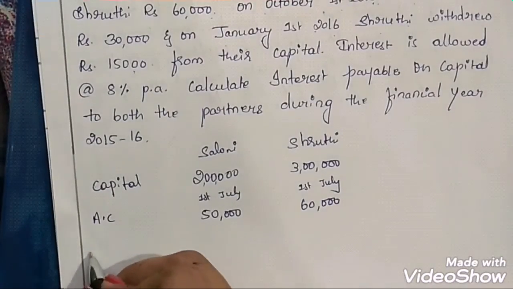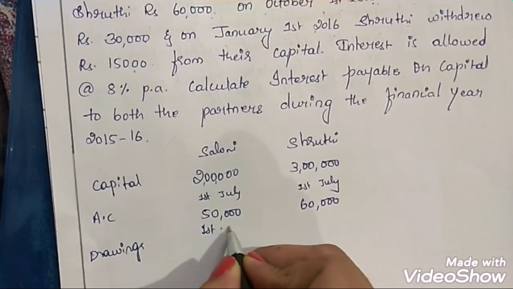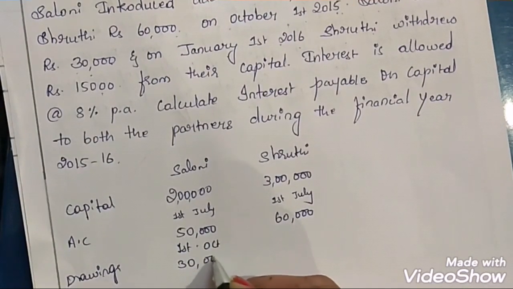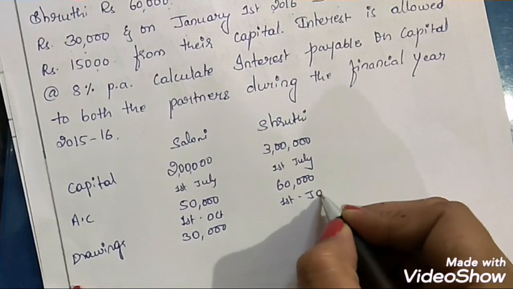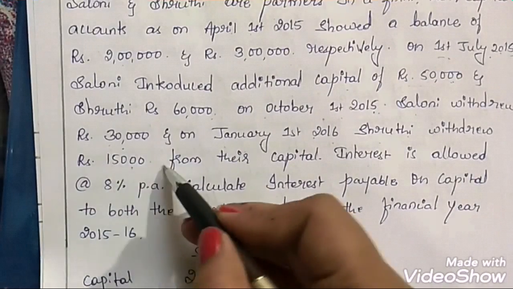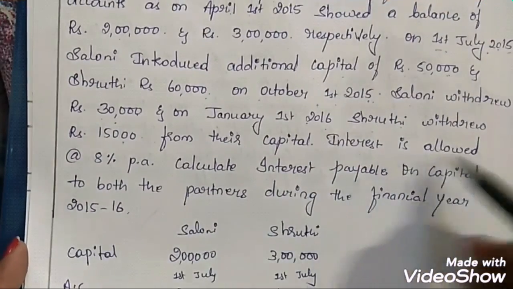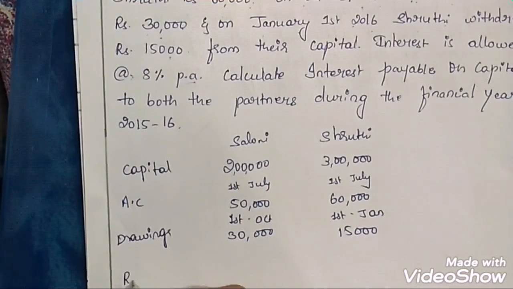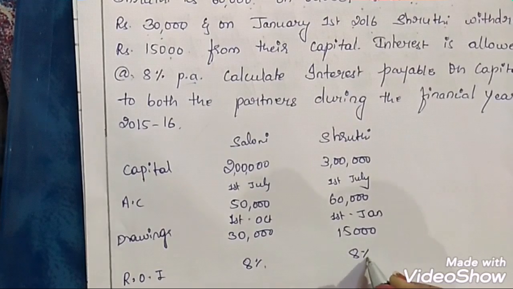So we can write it as drawings of Saloni are on 1st of October, rupees 30,000, and drawings made by Shruti were on 1st of January, and the amount is rupees 15,000. So interest is allowed at 8% per annum, so we can write that the rate of interest is 8% for both the partners, right?